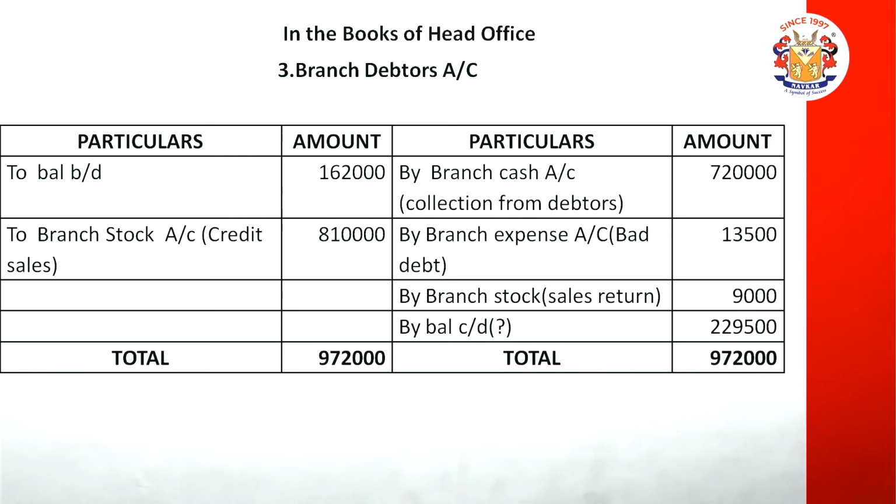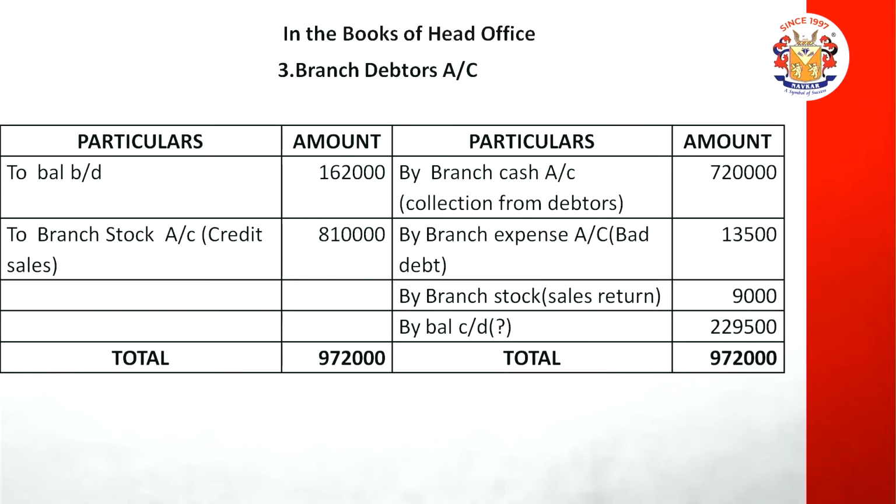Due to collection from debtors, branch cash will increase, but branch debtors will decrease with 7,20,000. Due to bad debt, indirect expense of branch will increase, but branch debtors will reduce by 13,500. Due to sales return, branch stock will increase, but branch debtors will decrease with 9,000.